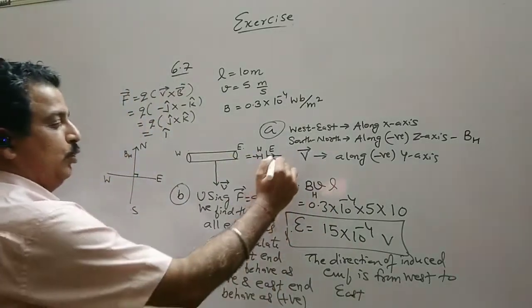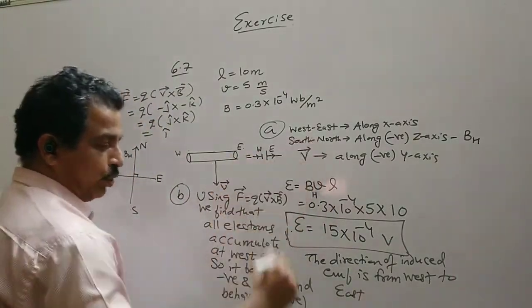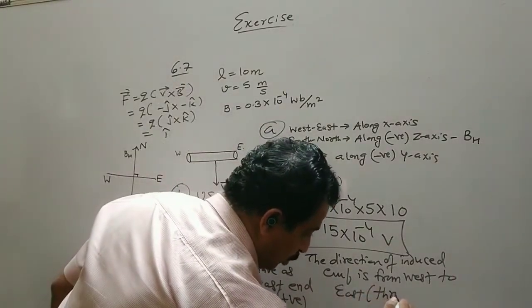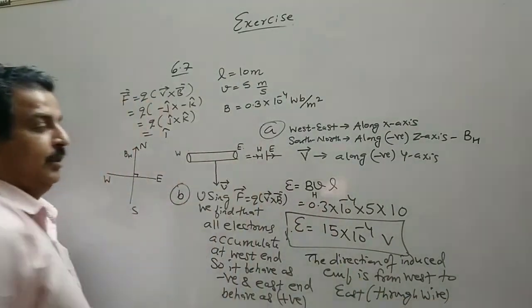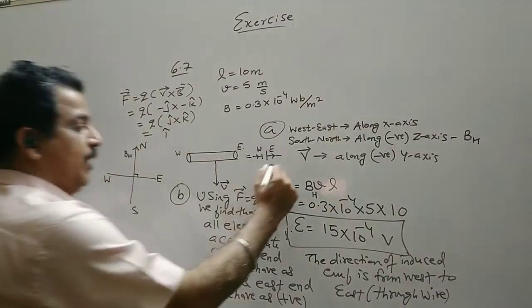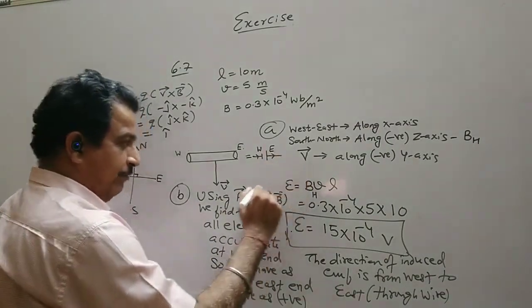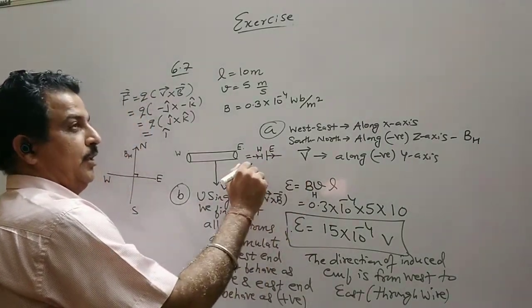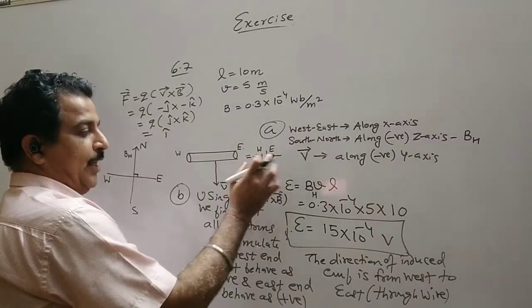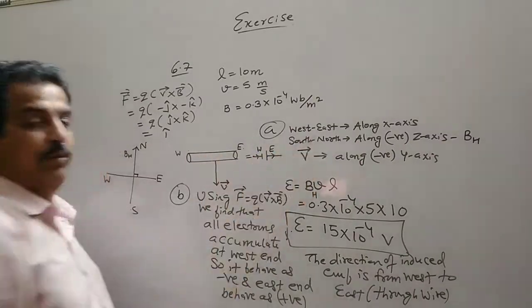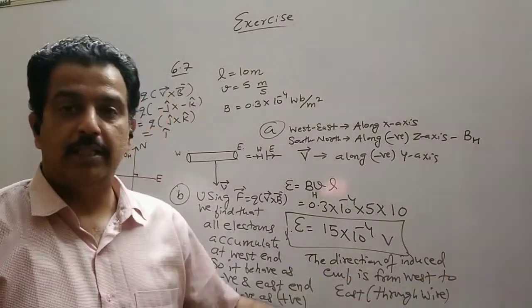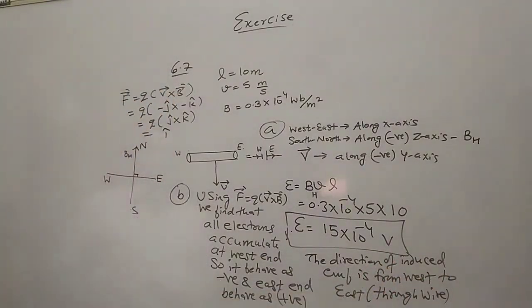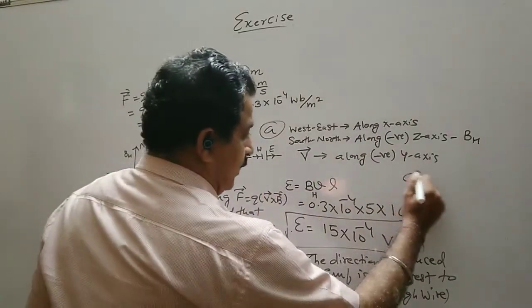See, if you complete a circuit, we are talking about through the wire. We have only a wire. If I complete the circuit by connecting a bulb, the current will flow in a clockwise direction. But for the wire, the direction of induced EMF is away from the positive terminal, so that is from west to east through the wire. Then we have a third part.